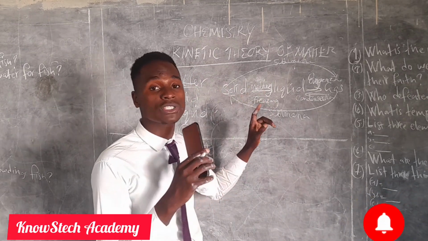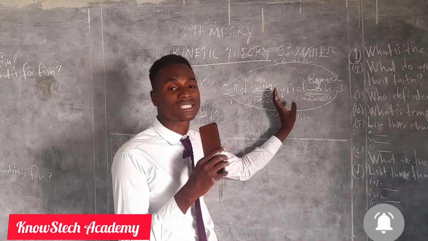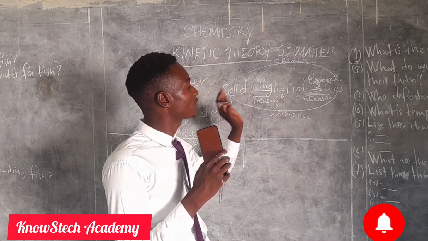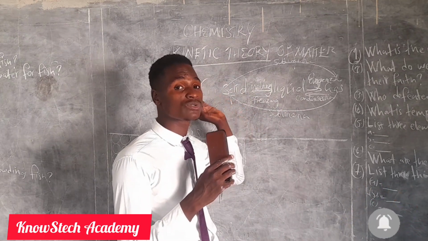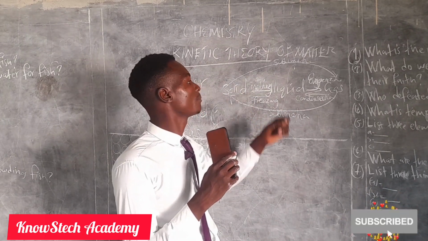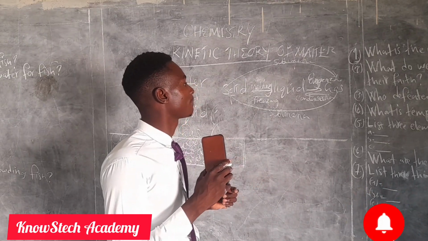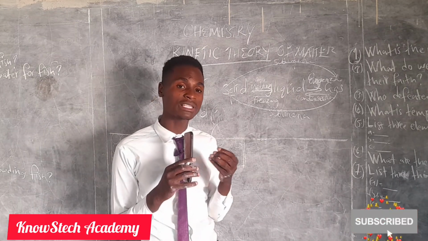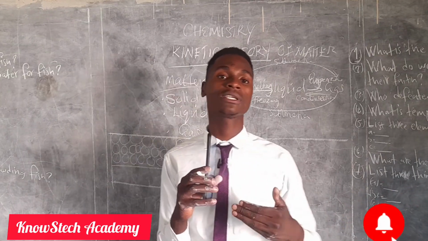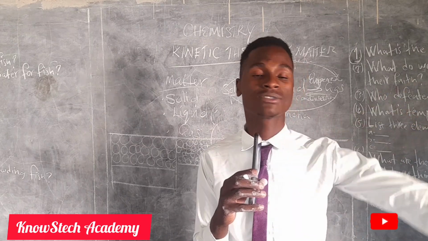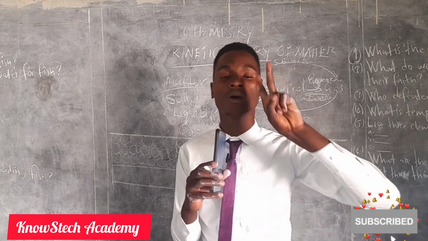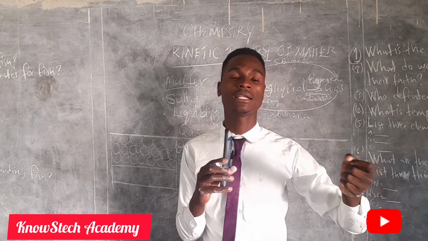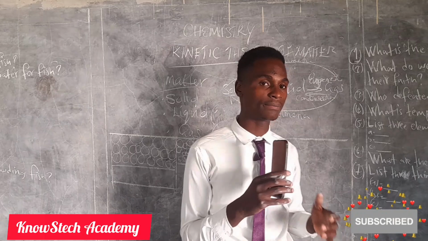The temperature at which a solid melts or changes to liquid is called the melting point. The temperature at which a liquid changes to solid is called the freezing point. Now there are two terms associated with energy gained and energy released to the environment: endothermic reaction and exothermic reaction.